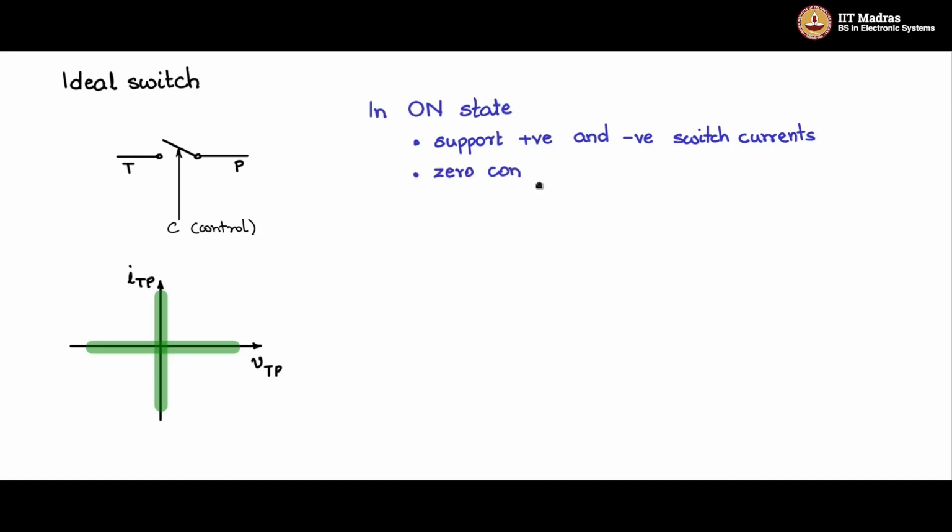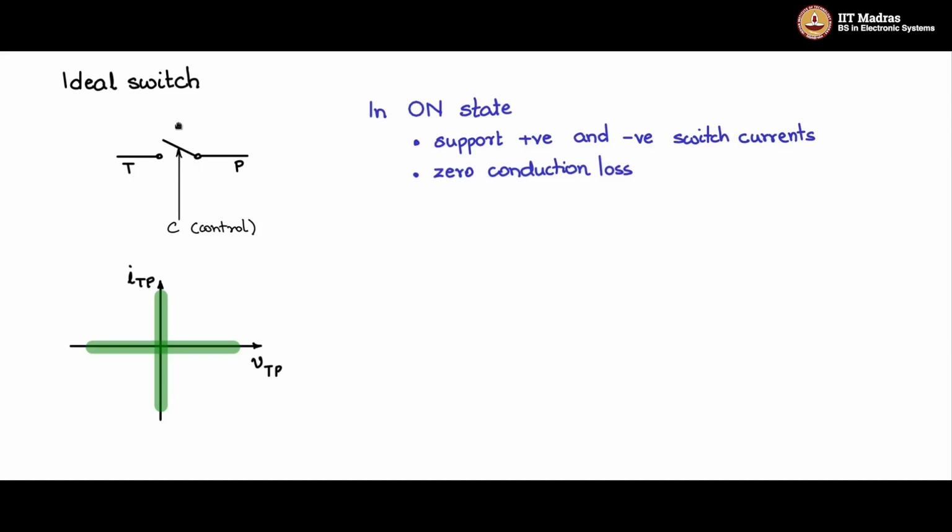Next, zero conduction loss, meaning when the switch is on and there is a current flow, there should not be any I square R loss within the switch, or any drop across the switch. Only under such conditions will zero conduction loss happen.